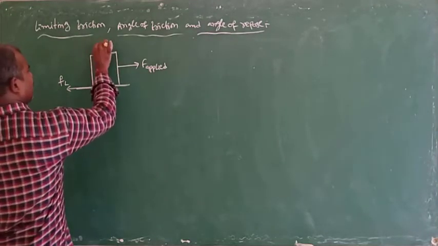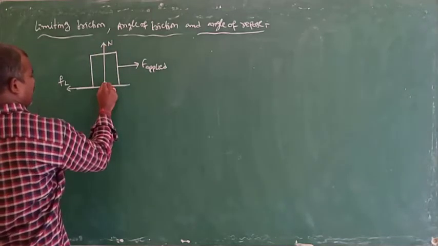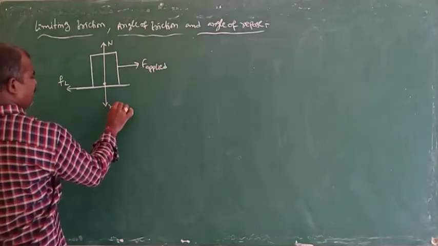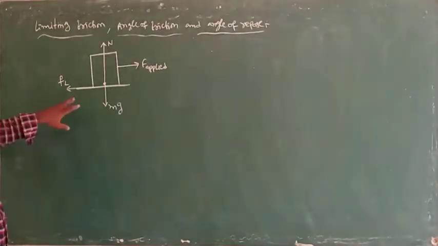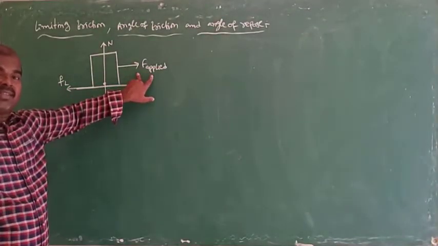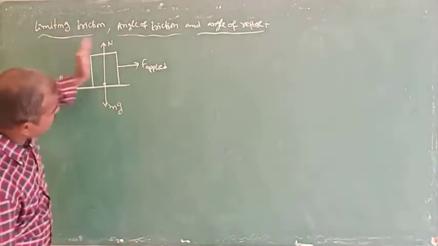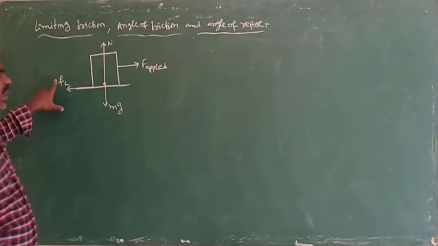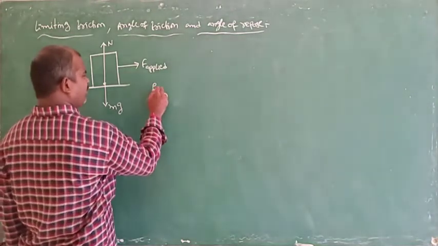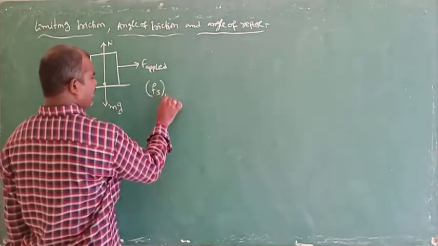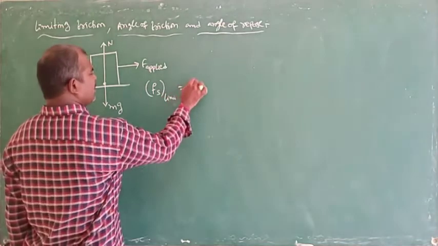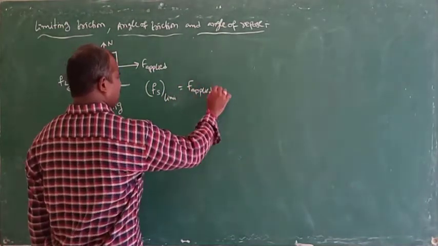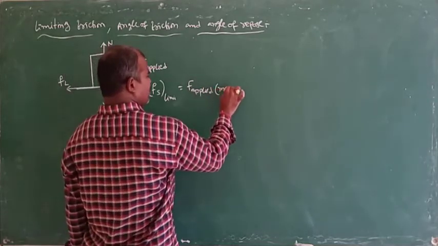Normal force is acting in the upward direction, and weight is always acting vertically downward. F applied is maximum means the object is ready to move, then that force we call force of limiting static frictional force, equal to F applied, the maximum force applied.